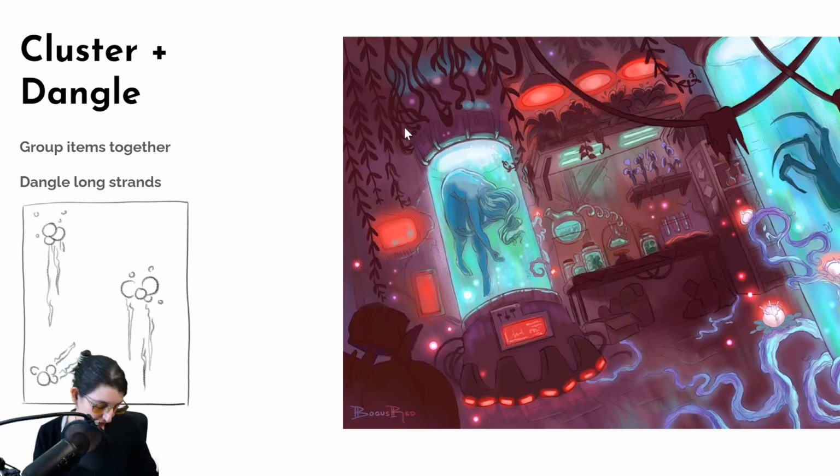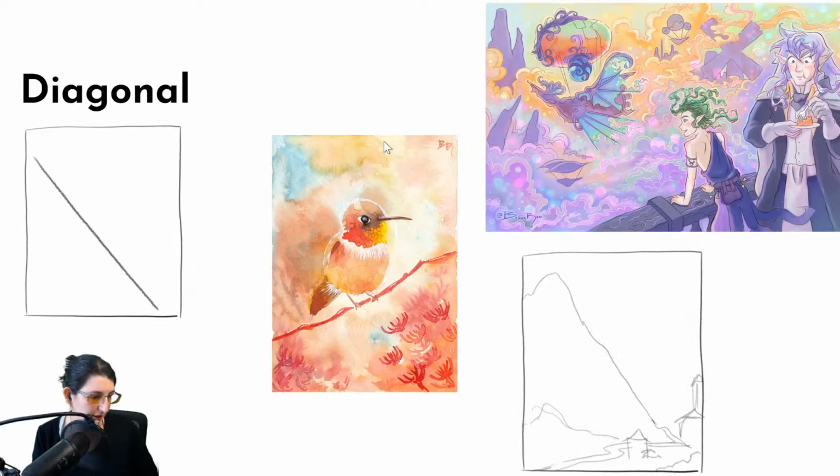Because in the other diagonal example we looked at, the camera is not tilted, right? The horizon line would be down low, and the mountain happens to be shaped, creating a diagonal. But yes, you can use diagonals by tilting the camera as well, and that gives you a different kind of feel.